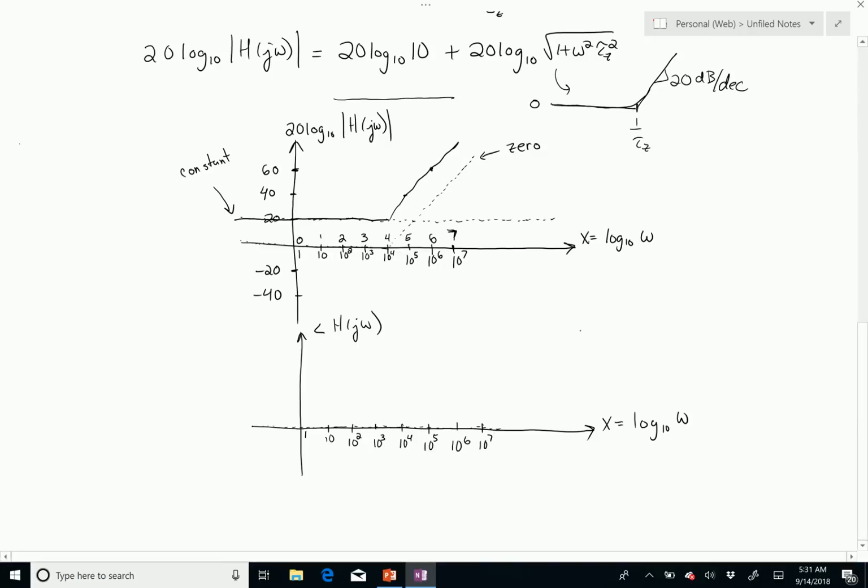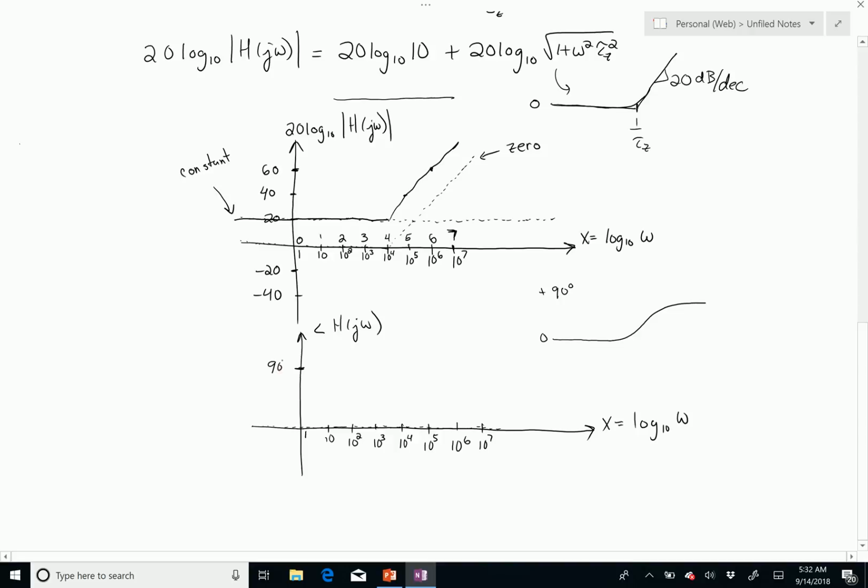So for a 0, I get an angle that rises from 0 to 90, and it does so over the span of 2 decades. It starts taking off about a decade before the 0, and it's at plus 90 about a decade after.